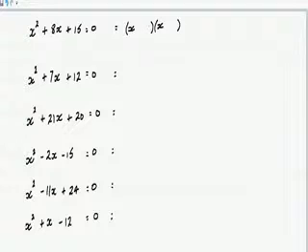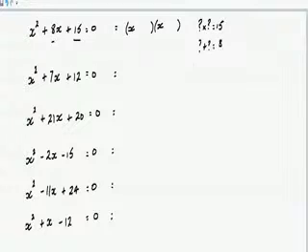Now to find numbers in the bracket, what we do is we look at the final number and we say, what times what will give us 15? And that what times what, if we add them, will give us this middle number, 8.